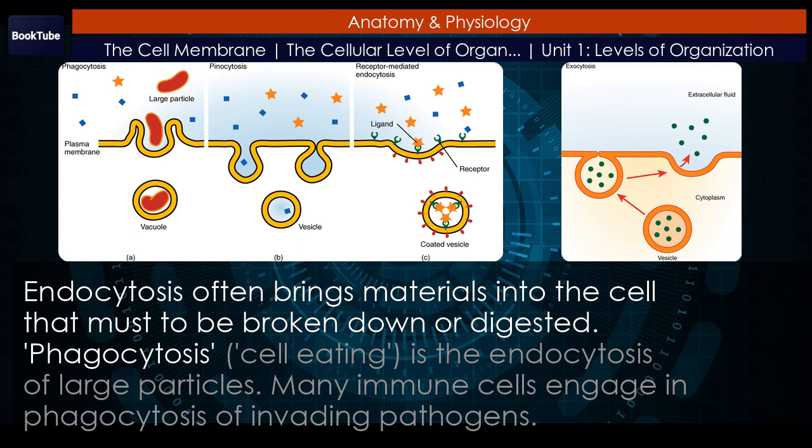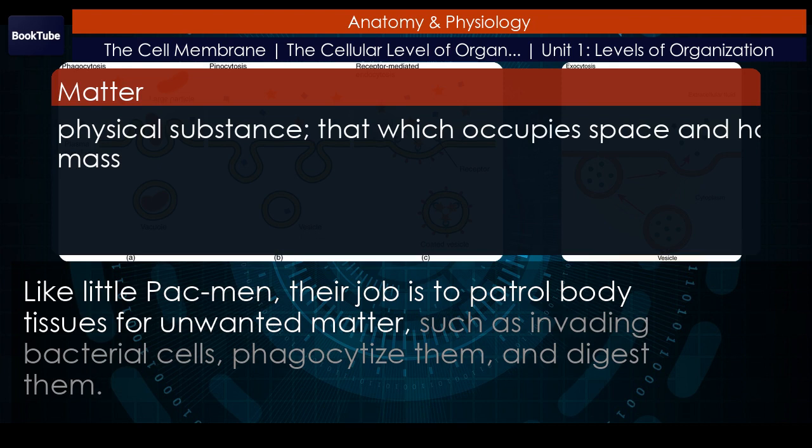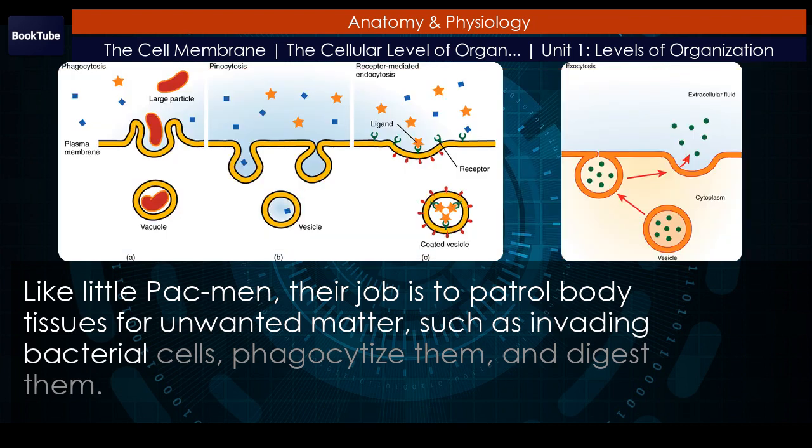Phagocytosis, cell eating, is the endocytosis of large particles. Many immune cells engage in phagocytosis of invading pathogens. Like little Pac-Men, their job is to patrol body tissues for unwanted matter, such as invading bacterial cells, phagocytize them, and digest them.